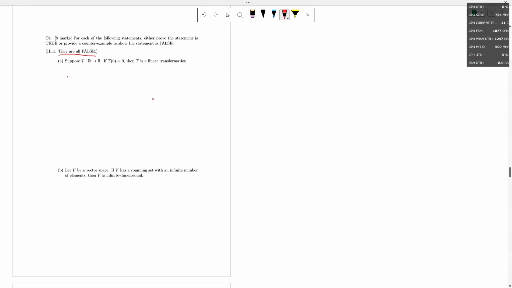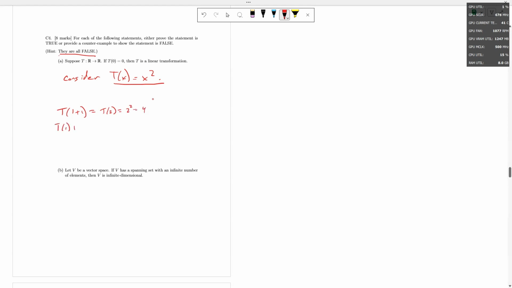Well, if I consider T of x equaling x squared, this is a valid counterexample, but I haven't proven it's a valid counterexample. So T of 1 plus 1 equals T of 2, which equals 2 squared, which equals 4.